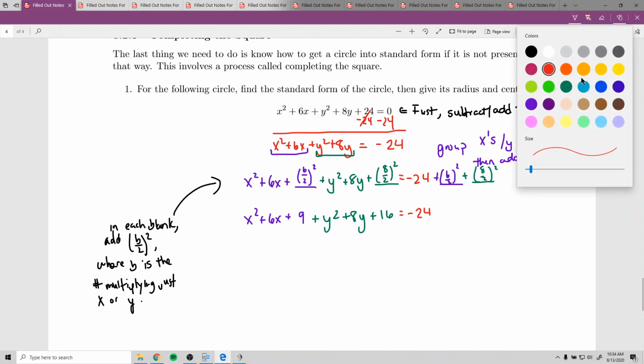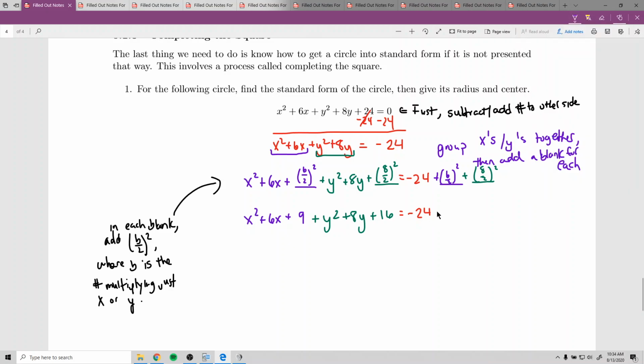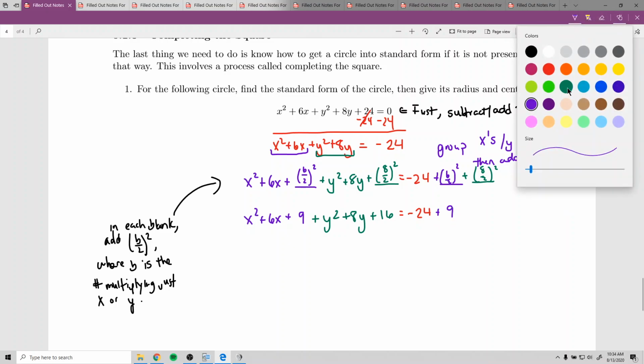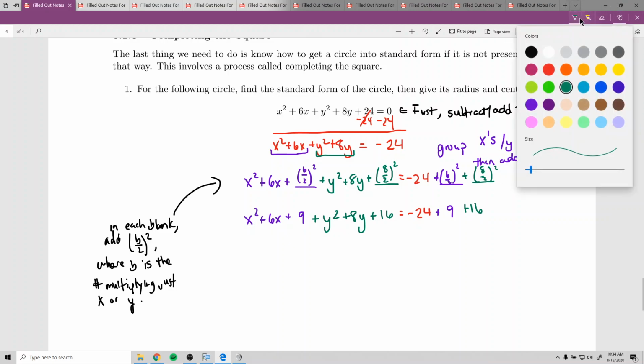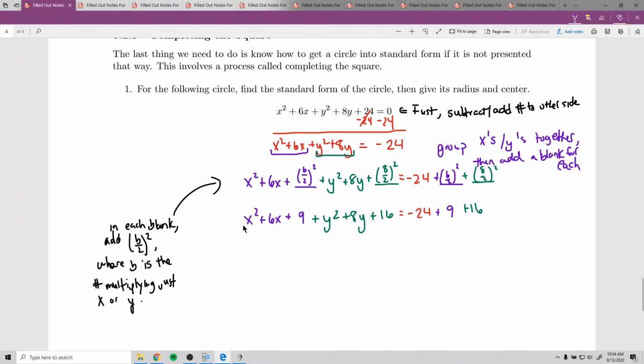And I'm going to do the same thing. I'm going to just simplify that on the right as well. So we already know that the purple thing is 9, and the green thing is 16. Right. Now, what you're going to be able to do is factor each of these.